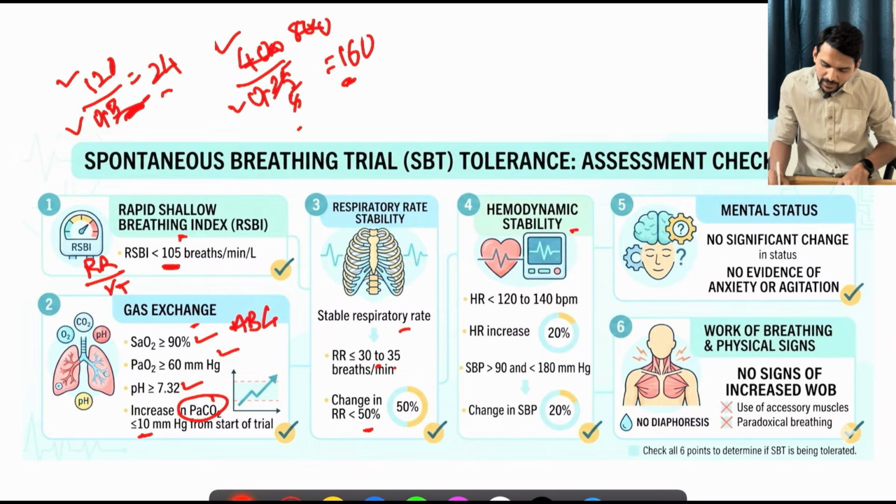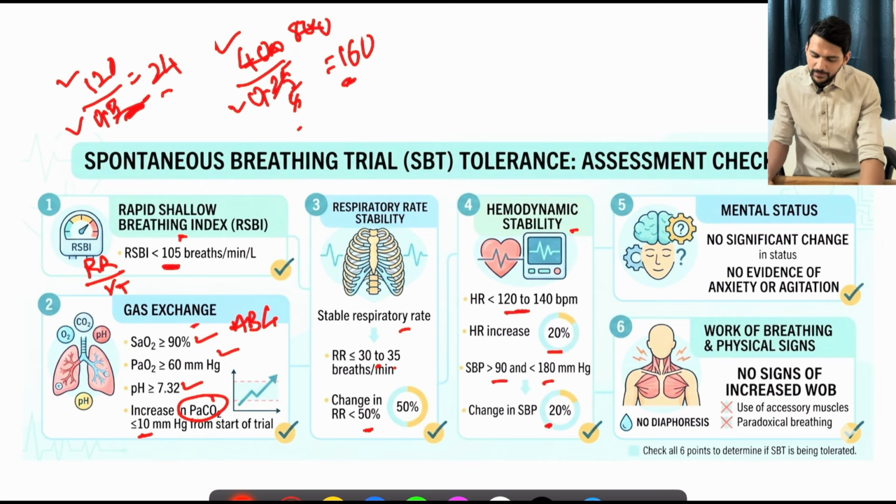When we assess hemodynamic parameters, heart rate should be maintained below 120 to 140 beats per minute, and if the heart rate increases with the trial, it should not be more than 20%. BP should be maintained between 90 and 180 systolic, and any changes should not be more than 20% again. Coming to mental status assessment, there should not be any significant change.